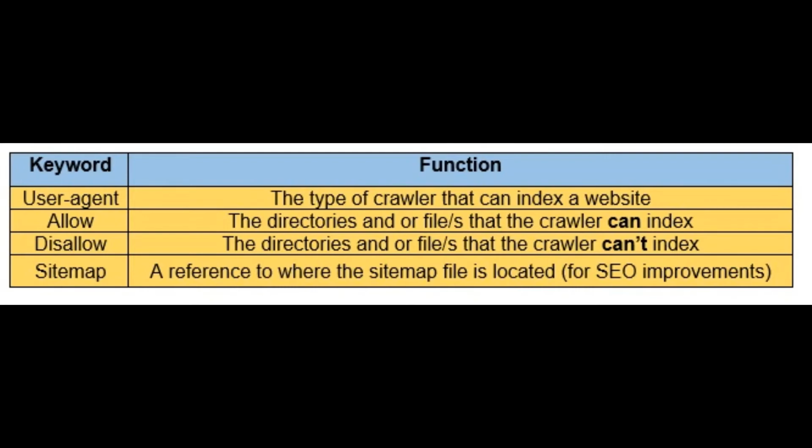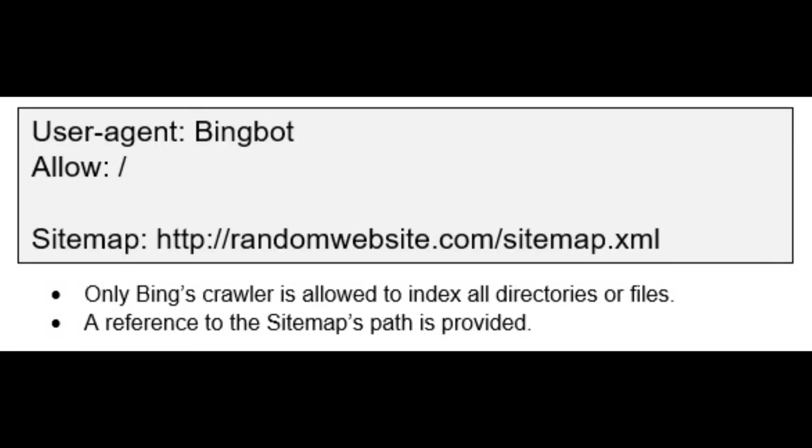Third keyword is disallow. This keyword specifies the directories or files that the crawler cannot index. And fourth and final keyword is sitemap. This keyword provides a reference to where the sitemap is located. Here are two examples of robots.txt. If you need more time to take a look at these examples, please feel free to press the pause button.